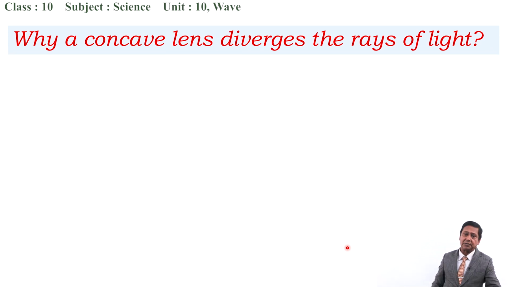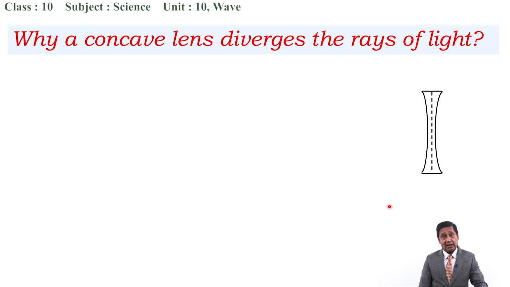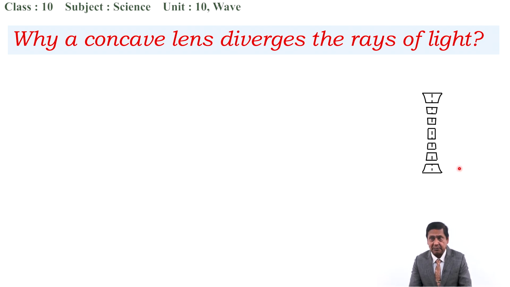Now, what about the concave lens? Why does a concave lens diverge the rays of light? I want to talk about this also. Let's say this is a concave lens. We can say that a concave lens is also made up of a combination of small prisms, different prisms.